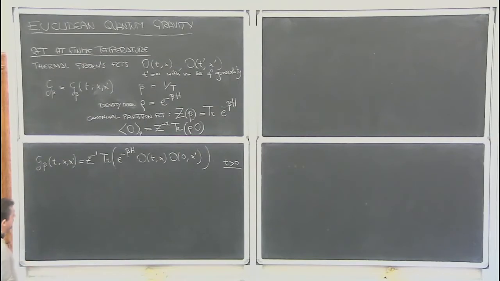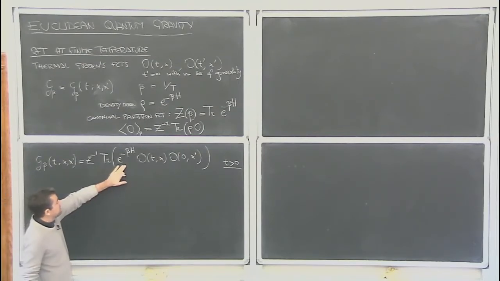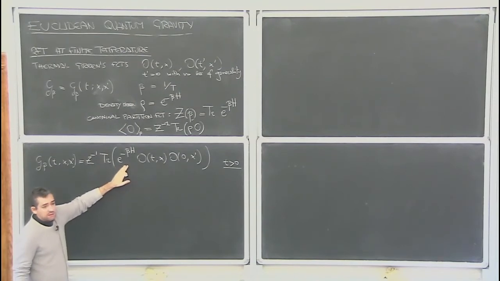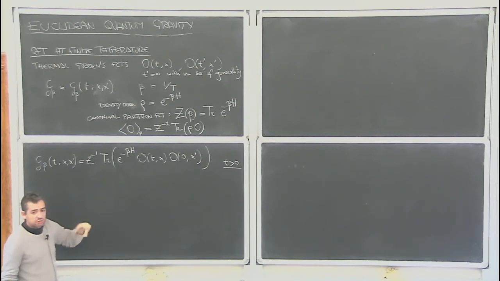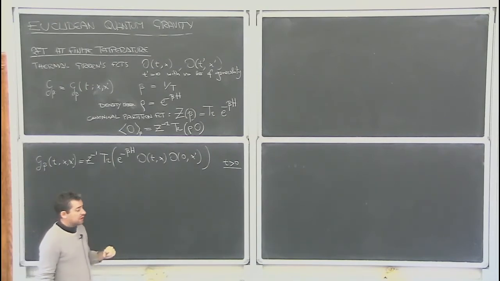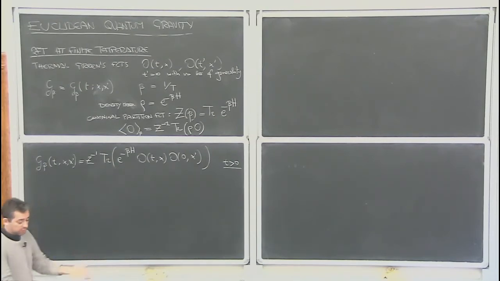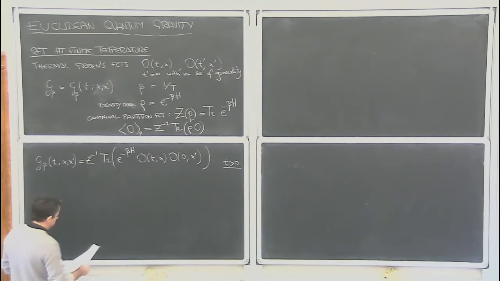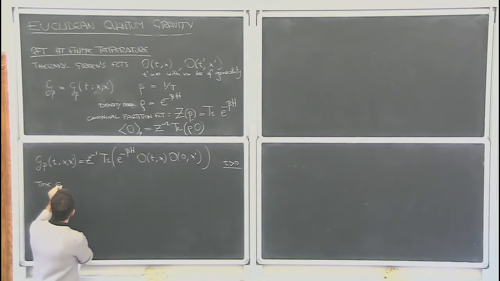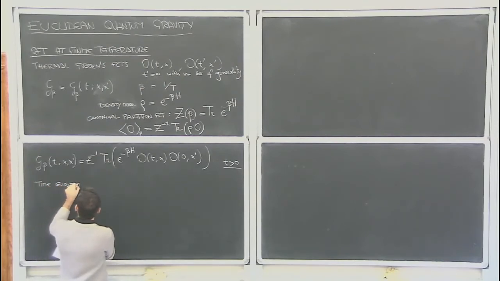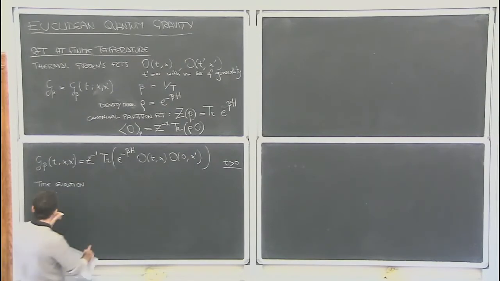Okay, now we want to make the analogy with a time evolution. So we have this e to the minus beta H. It's not time evolution, it's a Boltzmann factor so far. But it's similar to the exponential factors that you have when you introduce time evolution. So let's recall time evolution in the Heisenberg picture. It is the evolution of the operators and not of the states.